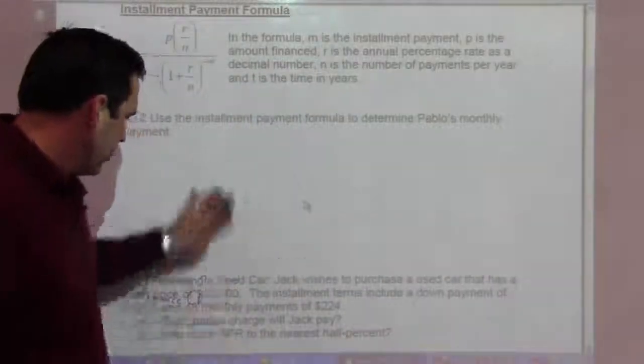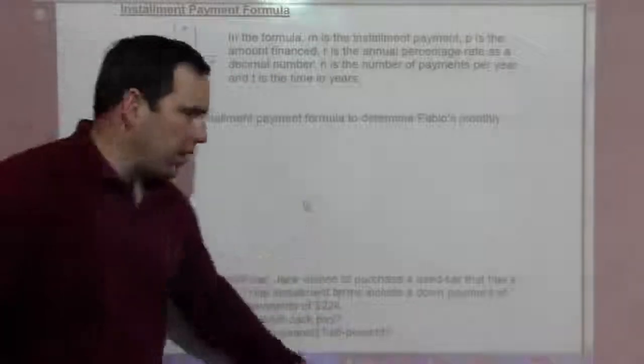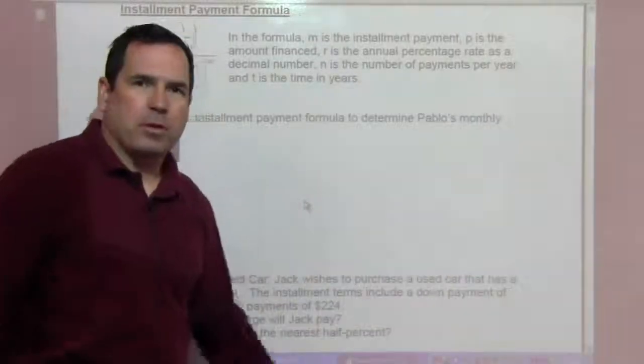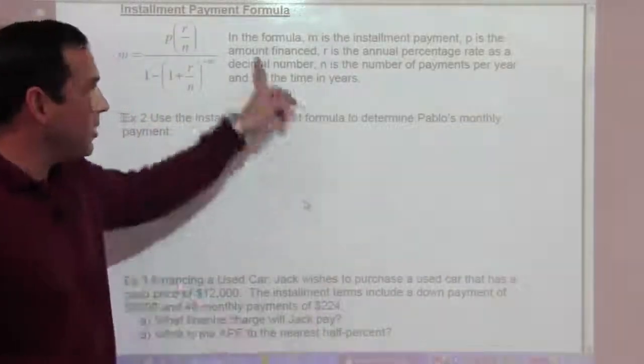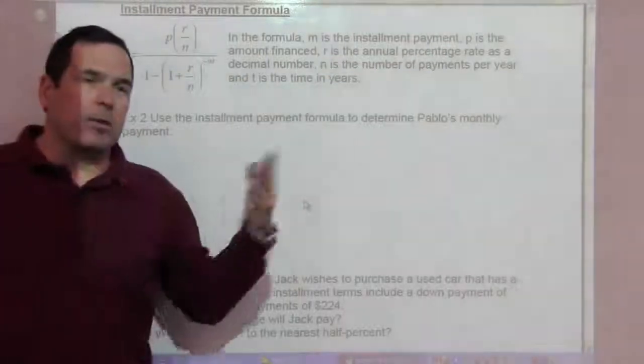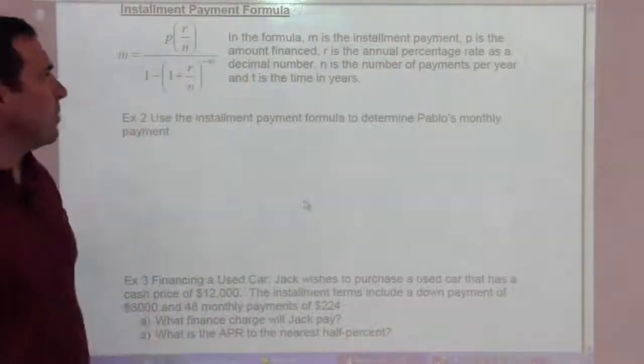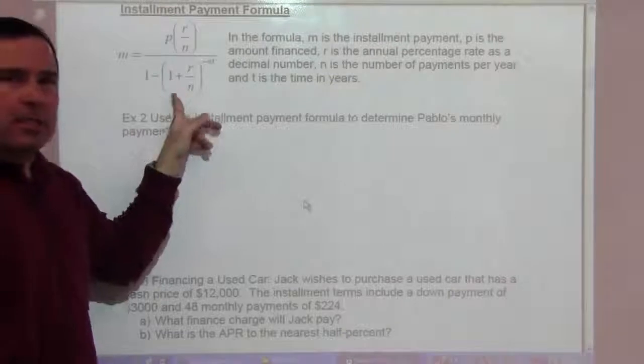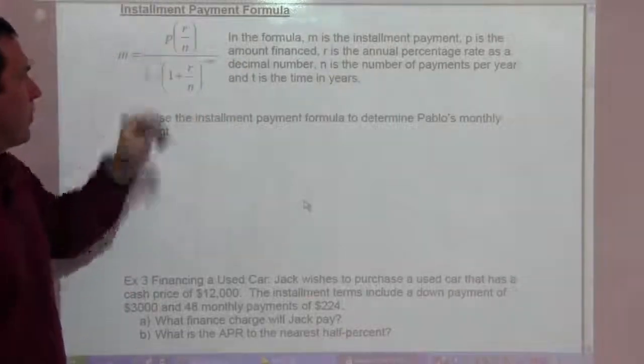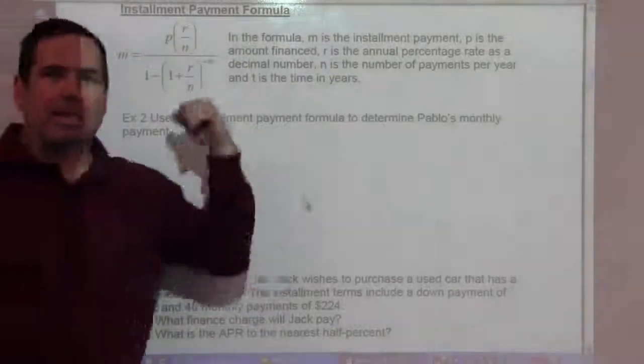I was an editor. They asked college professors to look at a book and say, what would you change about it? This is one of the changes I recommended. So I don't know if it's just me or other people, but they put this change in the book. I'm really glad they put this in there because this is a really good formula to have. So we don't need that table anymore.